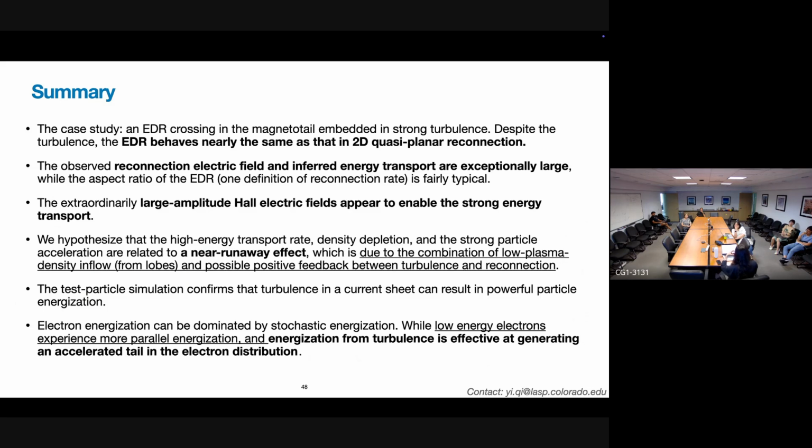So if MMS and Venice have a really large separation in Y, and they both see the bursty bulk flow, that probably means we have a very continuous large scale X-line in the tail. But if they don't see them at the same time, it probably means the X-line is patchy, either in space or time, like it happens and stops.